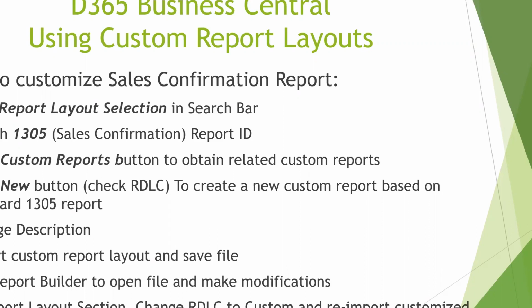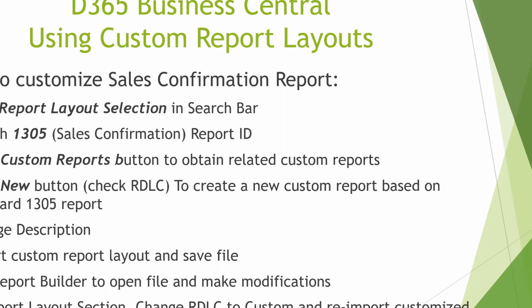The steps I have listed here are basically the format or the template for all reports that you'd wish to customize in D365. Using our sales confirmation report, the first thing we're going to do, and I'll demonstrate it, is type report layout selection in the search bar. Then we search for report object 1305.